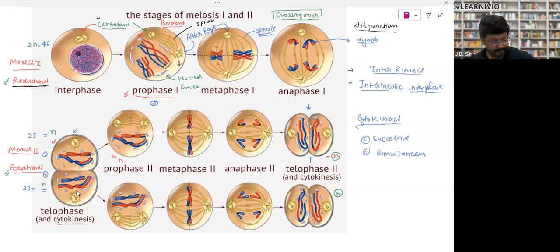Right? And further, cytokinesis takes place.